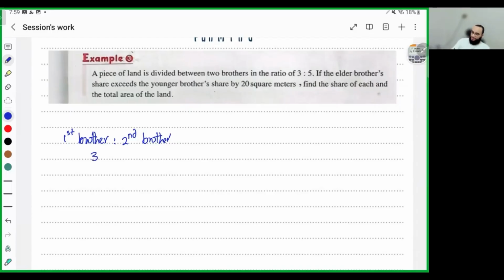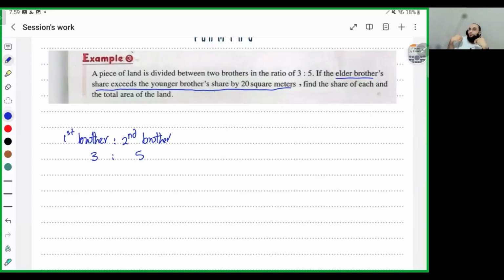There's a 3 to 5. If the elder brother's share exceeds the younger brother's share by 20. If I asked you, Mariam, you exceed me by 3, this means what?